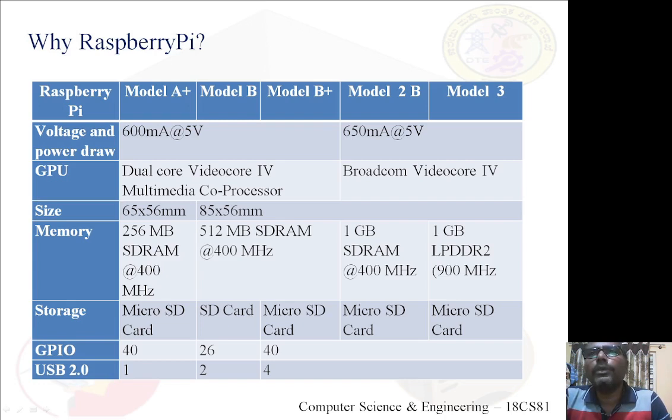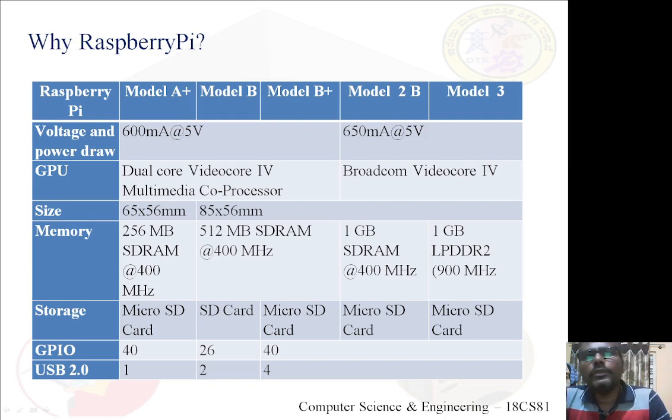Model 2B has 1 GB SDRAM at 400 MHz. Model 3 has 1 GB LPDDR2 RAM at 900 MHz. Storage, I said, you are going to make use of an SD card, all micro SD card.